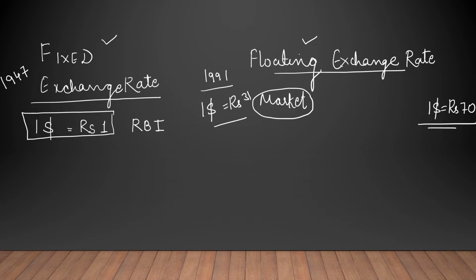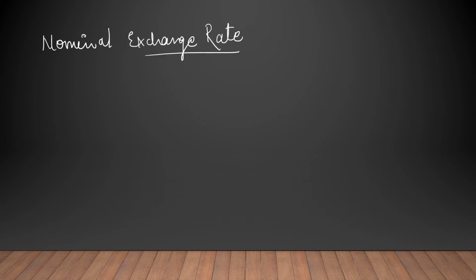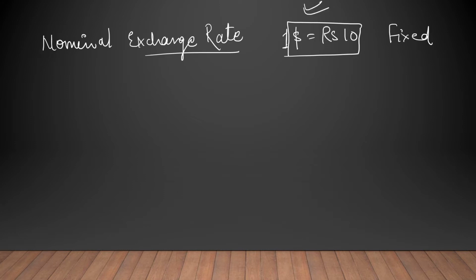Now we will look at some scenarios and discuss this. First, we are going to take an example. Let us say we have the nominal exchange rate, which is decided by the demand and supply in the market. Let us say $1 is equal to rupees 10. If you are following the system of the fixed exchange rate, then this has been fixed by the RBI. Let us take an example from 1947 when the RBI used to set this exchange rate.